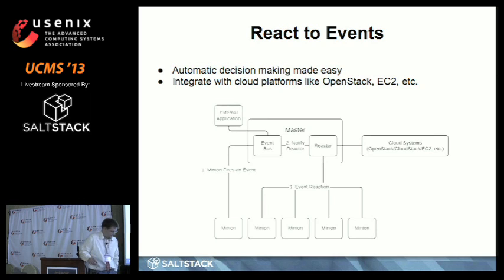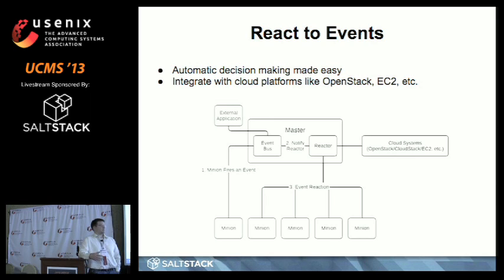Now, the idea here is that SALT maintains an event bus. So whenever an event happens inside of your infrastructure, that event can get fired on the master server. The benefit here is that we're able to create events that we can react to in an extremely open-ended way. So we can automatically detect if, say, components of our web tier have started to go down.